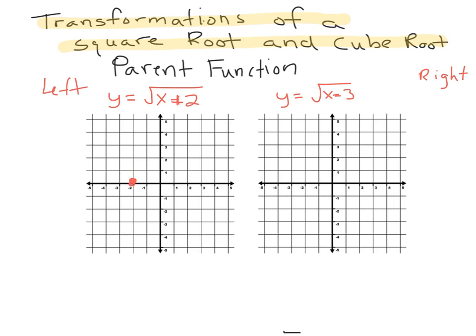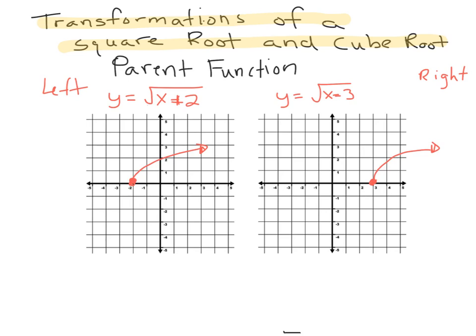So I based everything off the origin for this sketch. Now, of course, when you have that table, you can make a better graph, but for now we're just doing sketches, and so it would still tail off to the right. Now, if you went to the right, you'd go 1, 2, 3, okay, with that origin, and then you'd move over. Of course, you would just add 3 to each one of those x values, and then you'd see it would do the same thing for the table.